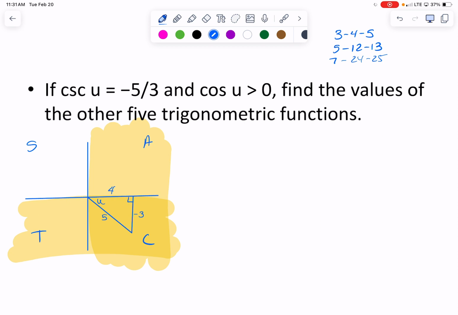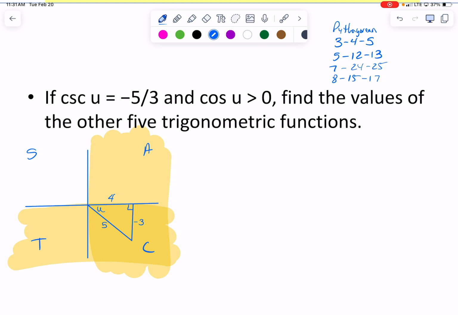How about 8, 15, 17? Is there a pattern? No, that's just how it is. You just have to memorize it. Why am I asking you to memorize this?